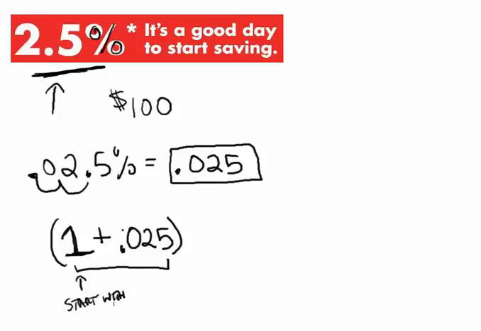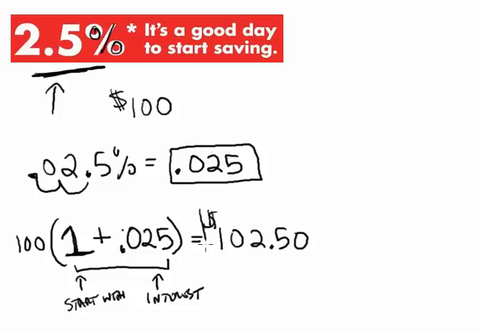We always start with 1, 100% of the money. And then this is my interest. And so if we say, well, after 1 year, if I have $100, what would I end up with? You do the math and you end up with $102.50. Okay, so after a year, this savings account will make you $2.50.